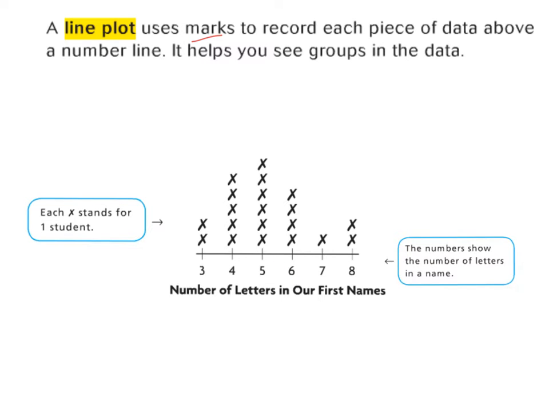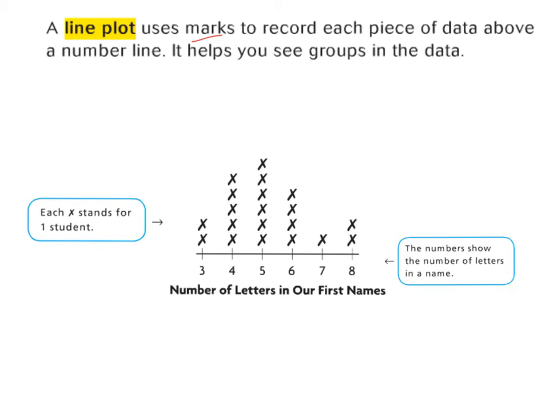If you look at the number 6, there are 4 X's or 4 marks above the number 6. So that means that 4 students have 6 letters in their first names. Now let's look at the number 3. The number 3 stands for 3 letters. There are 2 X's above the number 3. So that tells us that there are 2 students that have 3 letters in their first names.